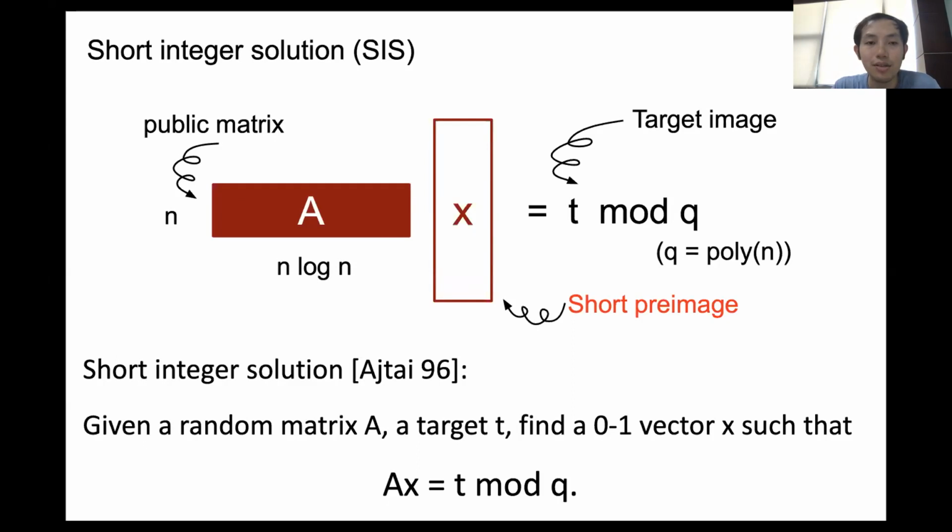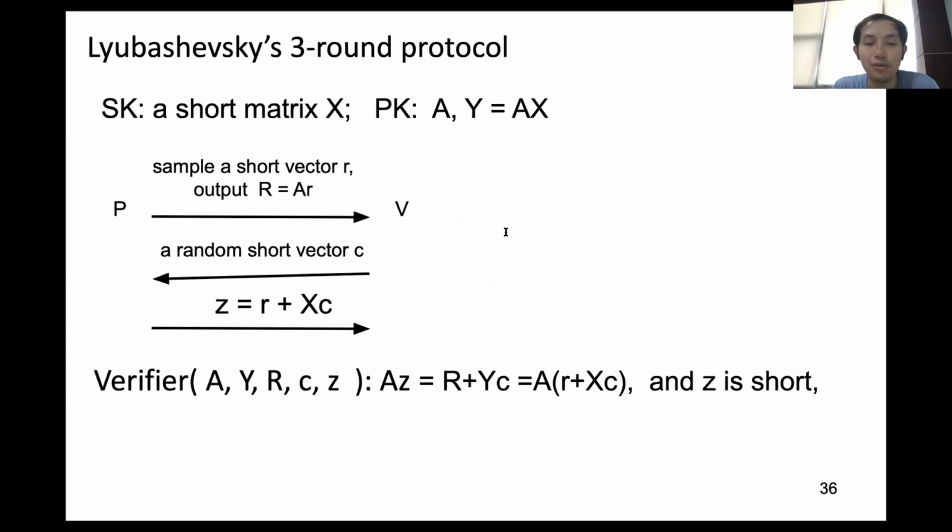Okay, so let's see how to make use of the SIS problem to make a three-round protocol. Vadim's protocol is an exact analog of Schnorr's protocol, except that the hard problem is replaced by SIS. The hard problem is no longer the discrete log. In Vadim's protocol, you're trying to prove knowledge of a short vector X such that Y equals AX.